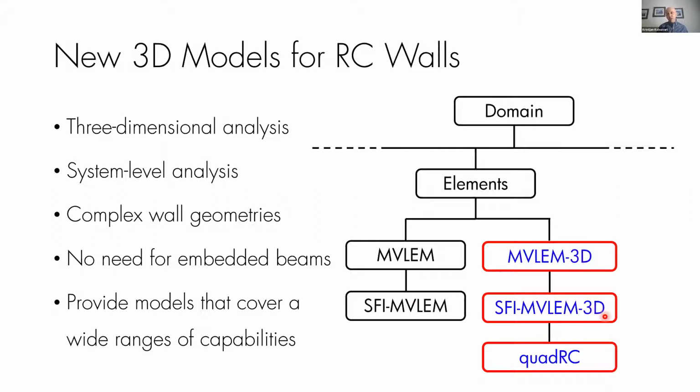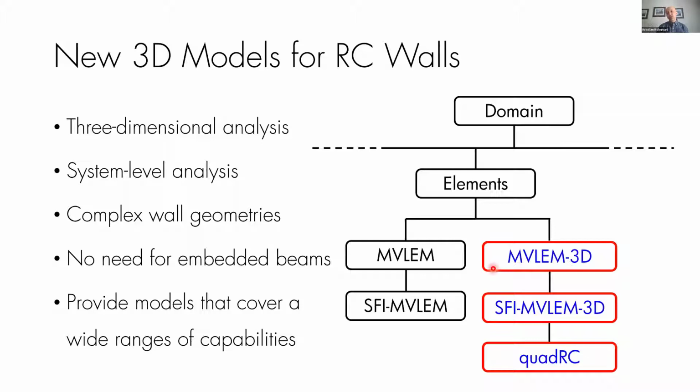And then we also added one additional class, which I call Quad RC, because it's a finite element 4-node type of model that is really not only for walls, but for any type of reinforced concrete element. You can model diaphragms with that, or anything else that requires area elements, right?